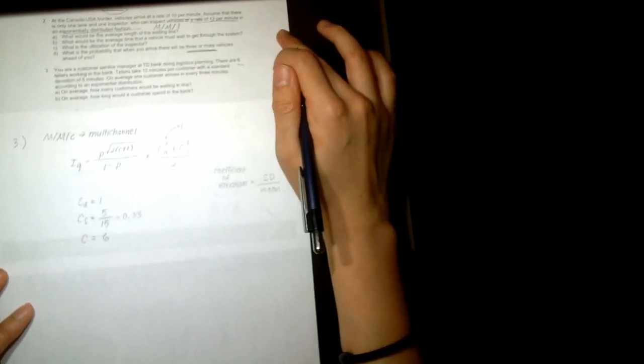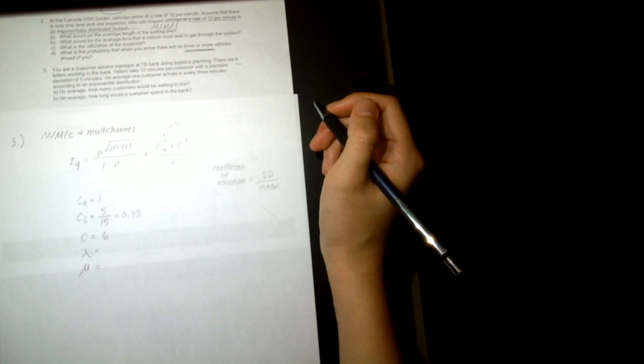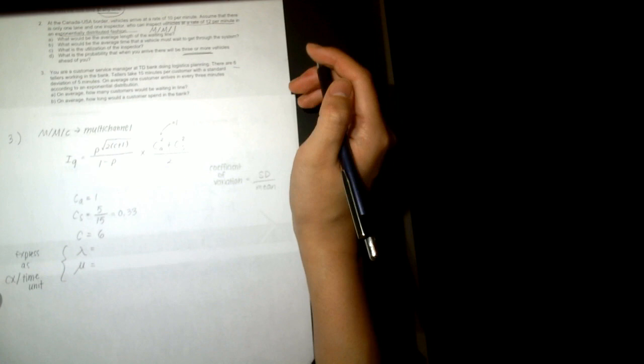And the tricky part here is the arrival rate and the service rate are always expressed as customers per time unit. So we never express it as time unit per customer. In this case it's very tricky because they give you the time unit per customer and you need to convert it to customers per time unit.